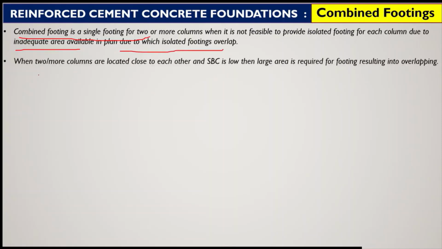When two or more columns are located close to each other, and the bearing capacity of the soil is low, then a larger area will be required for the footing of each column, and due to which the footing of each column may overlap with the footing of the other column.